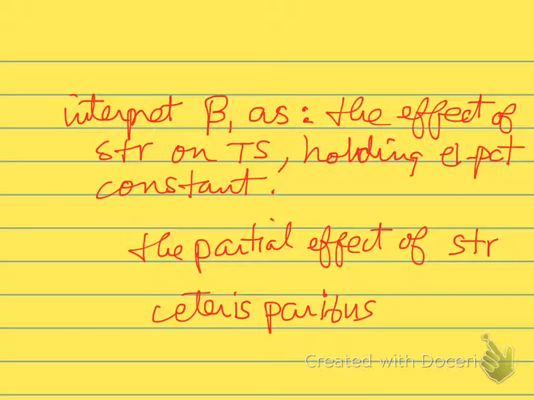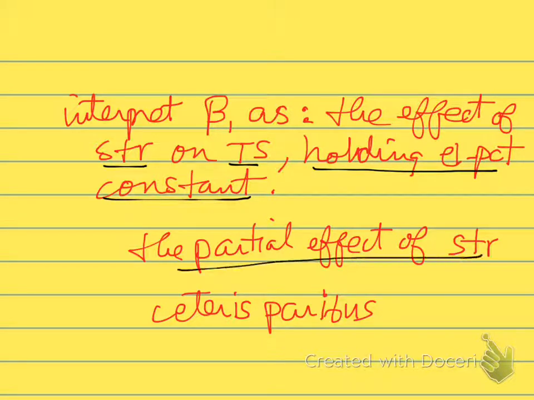Likewise, once we have more than one variable in our regression equation, we will interpret beta 1 as the effect of the student-teacher ratio on test scores holding the other variable, in this case English language learners percent, constant. So it's the partial effect of the student-teacher ratio. And you'll recall from your other classes, in particular microeconomics or macroeconomics, you probably came across this Latin phrase ceteris paribus, which means holding everything else constant.